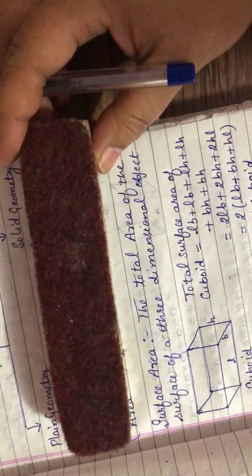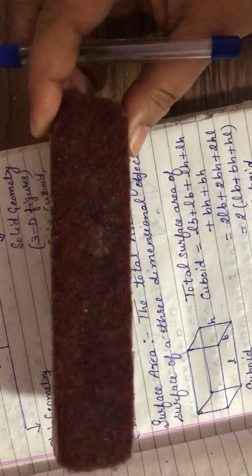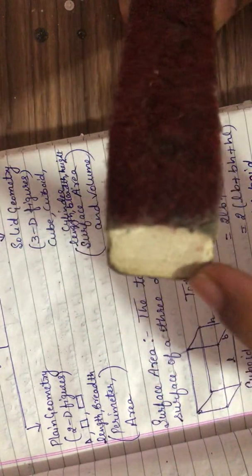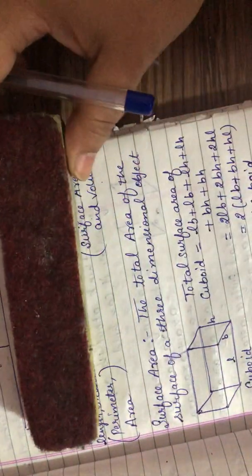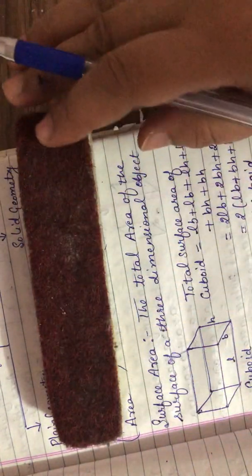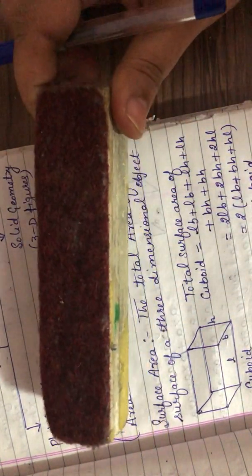For example, I have this object, this is a duster. So total surface area means this duster has six faces: upper, lower, front, back and two side faces, right? So the total surface area means the surface occupied by these six faces.